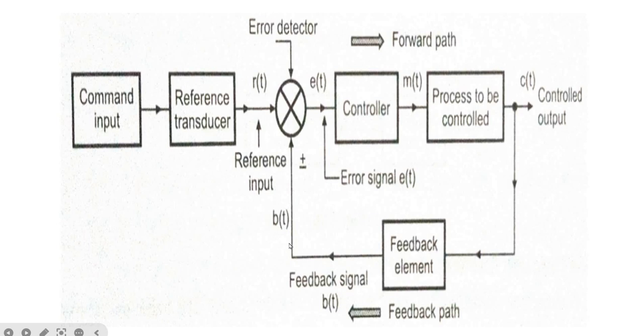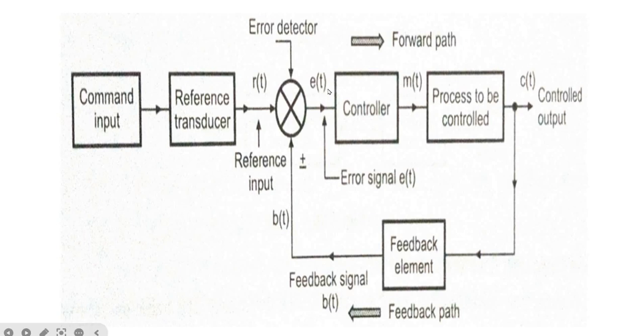This reference input and the feedback signal are compared with each other, which gives the error signal E of t, which is nothing but R of t plus or minus B of t. Here we are using two signs, one plus and another minus. Whenever the feedback is positive, the systems are called positive feedback systems, and if you use the negative sign at the feedback, then these are called negative feedback systems.